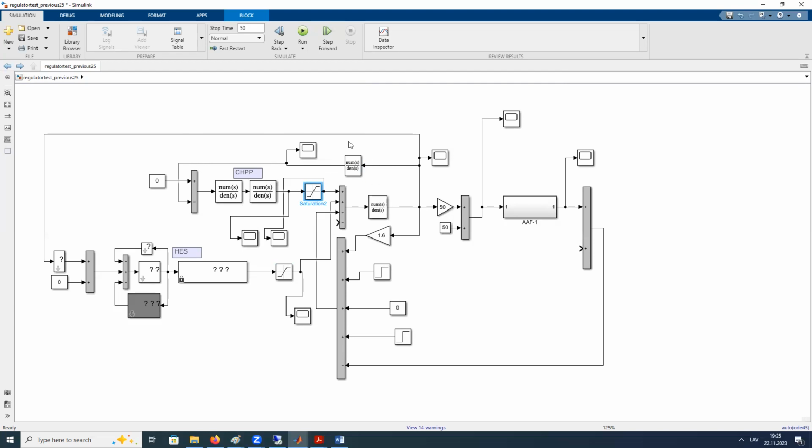This is more complicated and more true. And as we say, the power system is quite complicated, almost impossible to represent with only one type of generator. That's why here we represent the concentrated power network with two types of power generators, CHPP and hydropower.